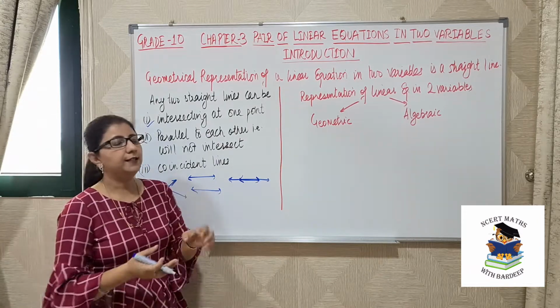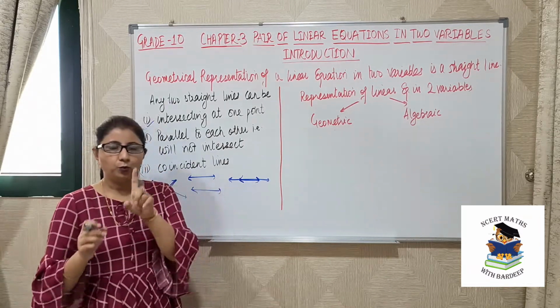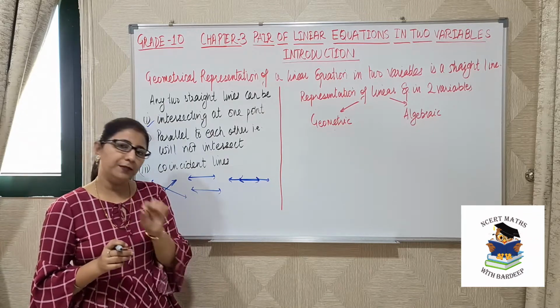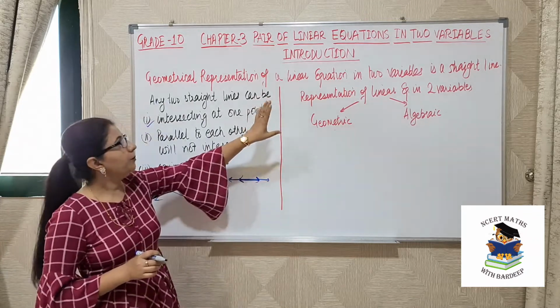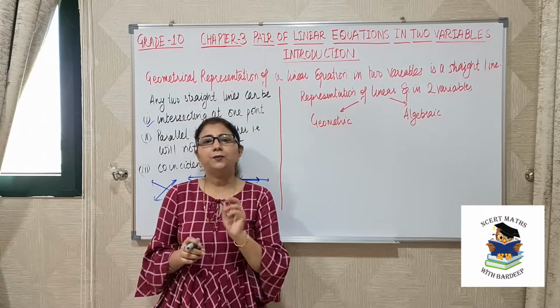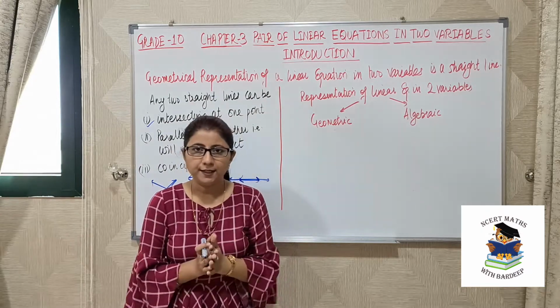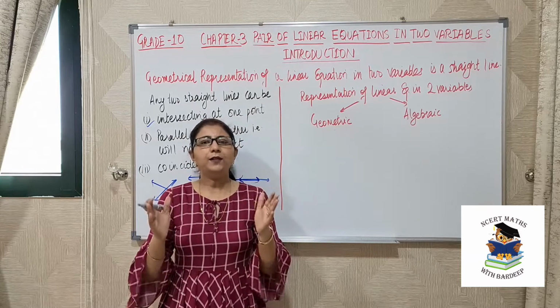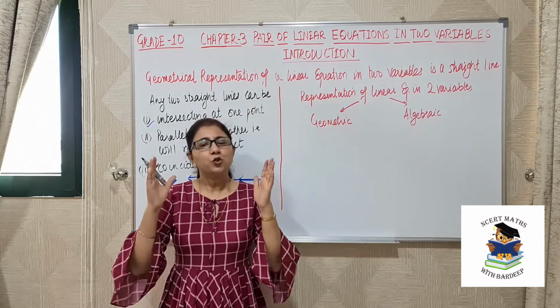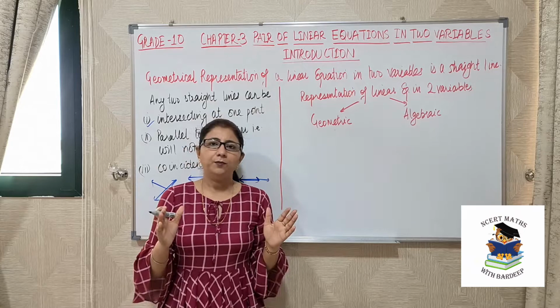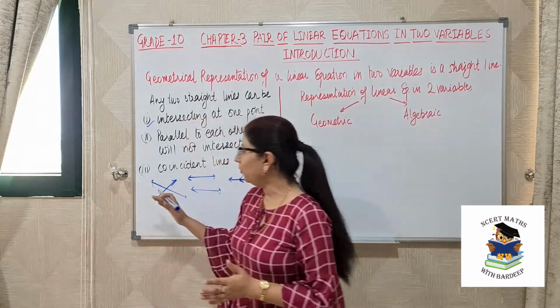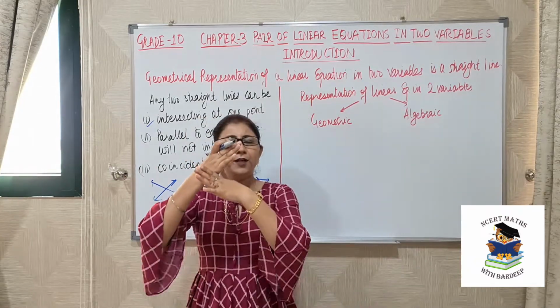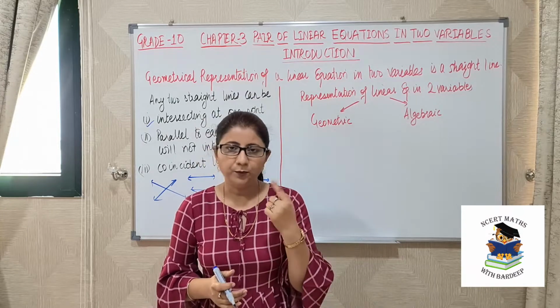So what I said is the graph of one linear equation in two variables is a straight line. But our topic is a pair of linear equations. That means we are considering two equations at a time. So definitely both will represent a straight line. So now we will have two different straight lines, and they can be of any category. Number one is intersecting lines if they intersect at exactly one point.